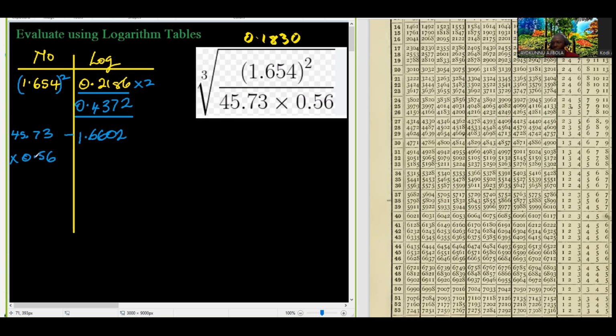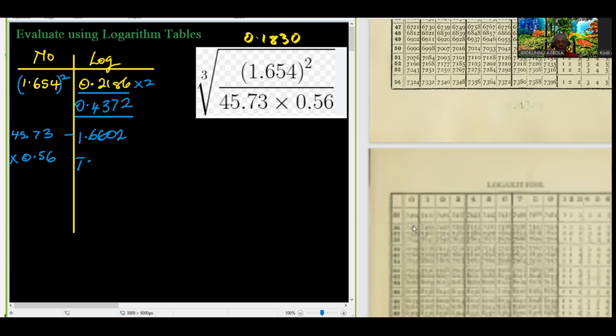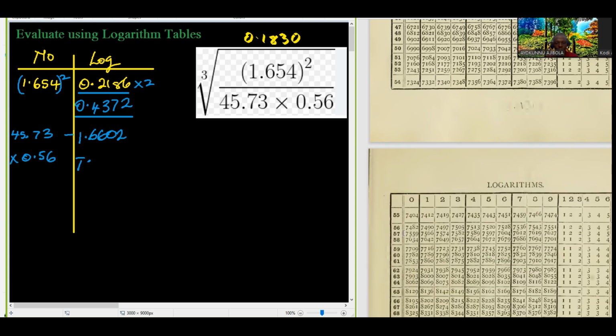Then the next one, it's 0.56. So to have a standard form format 5.6, I move my point once to the right, which is negative 1. So I will check logarithm 56 under 0. So 56 is down here. Under 0 is 7482.